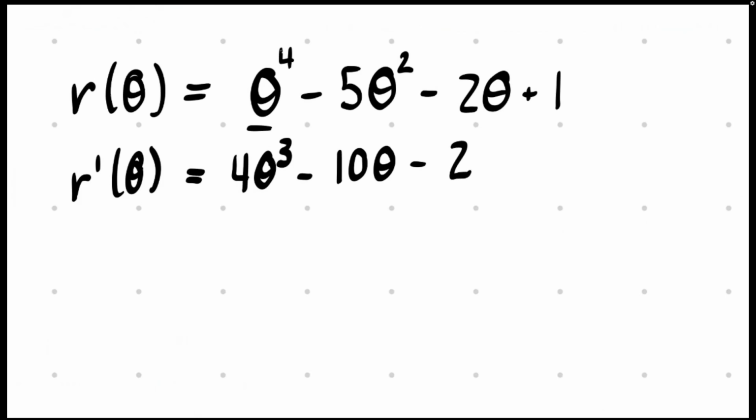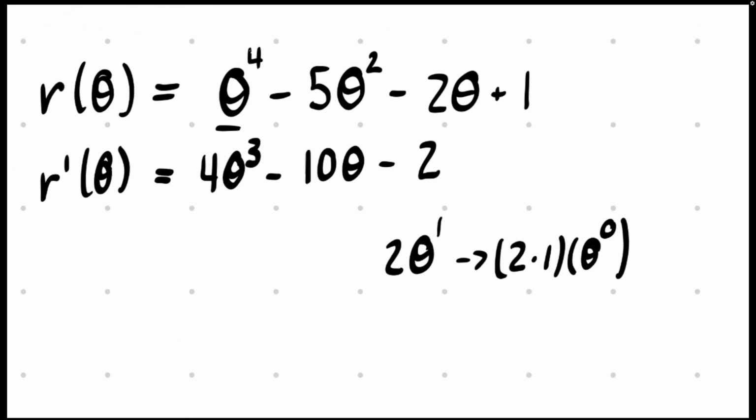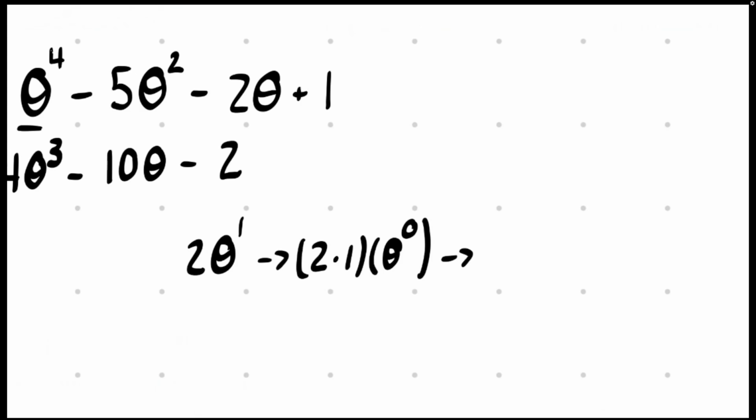Right? If you don't get that one, if we have 2 theta here, what's the exponent there? It's just a 1. So when we do our rule, this becomes 2 times 1 times theta, and then 1 minus 1 is 0, and anything to the 0 becomes 1, so this is just 2 times 1, or just 2.